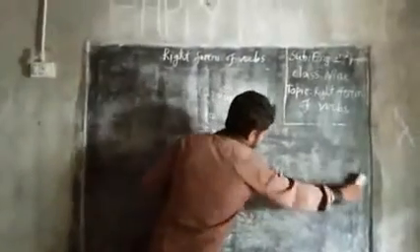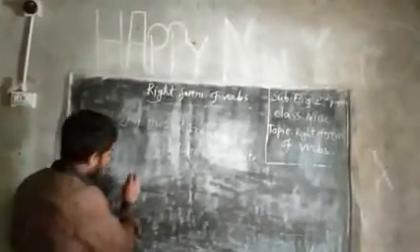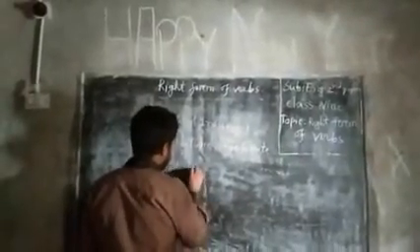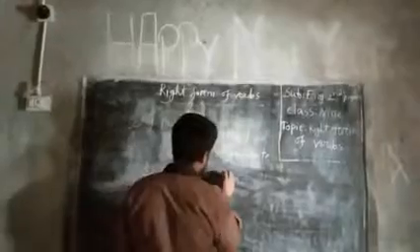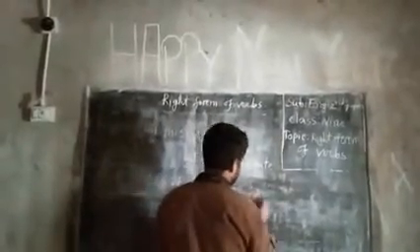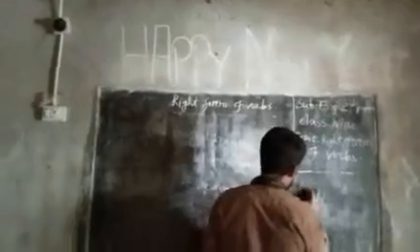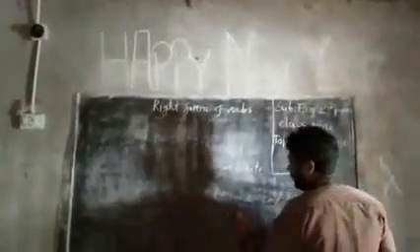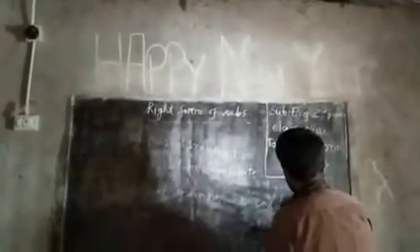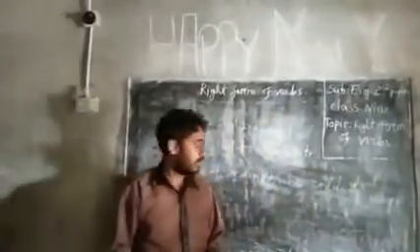Here I am going to show you the next sentence. If it rained, he could plant saplings. Dear learners, notice the sentence very carefully.